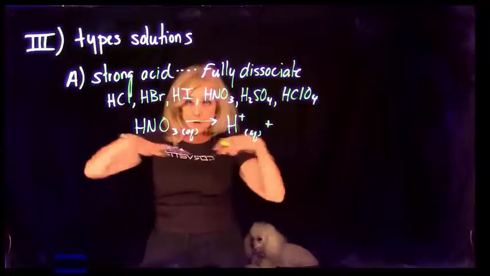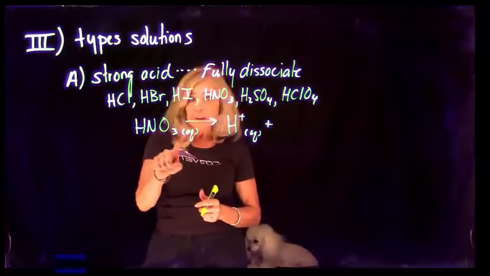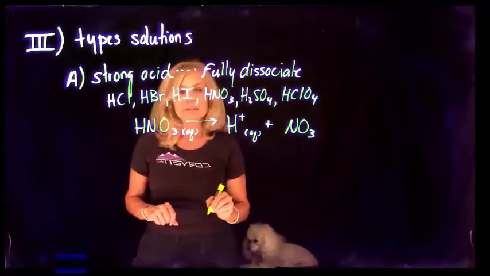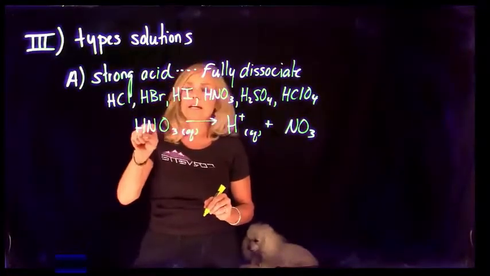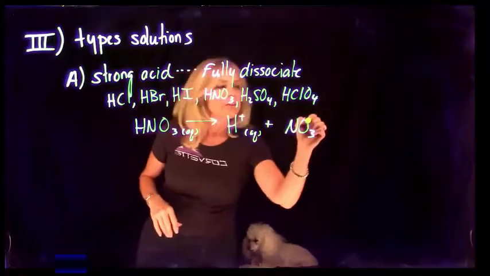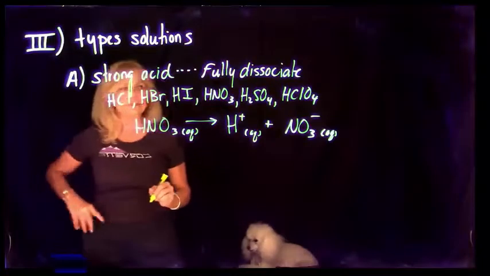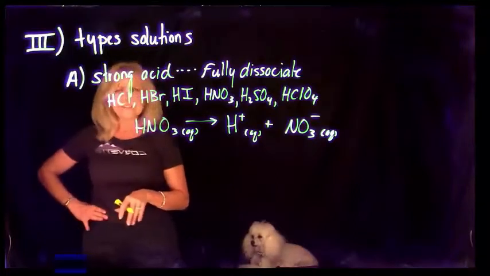Structurally, if you take away 1 hydrogen, you're left with NO3, and we must have charge balance. If we take away a positive charge, that means in that bond we left the electron, so there's 1 extra electron, and the nitrate ion has the negative charge. That's polyatomic, we should recognize. All right, so this is the simplified way of representing this.